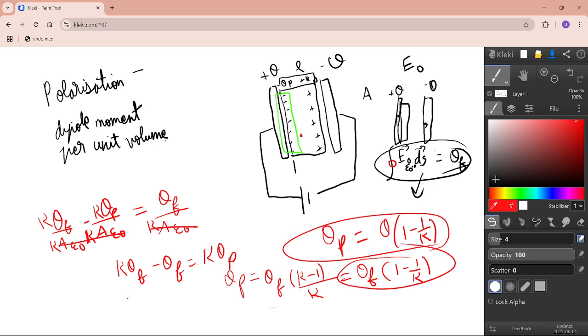So yeah, that was the derivation. Basically, an alternate form of Gauss's law and the electric displacement vector. Okay, bye.